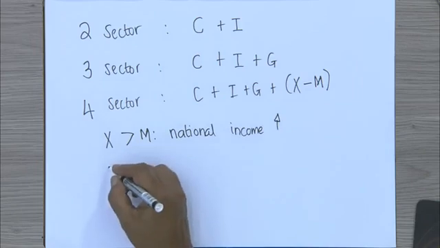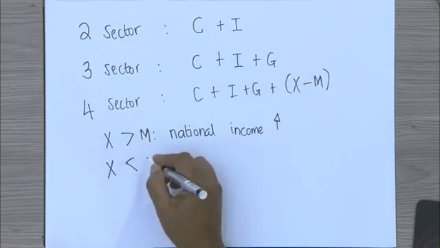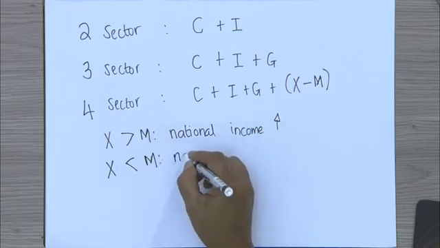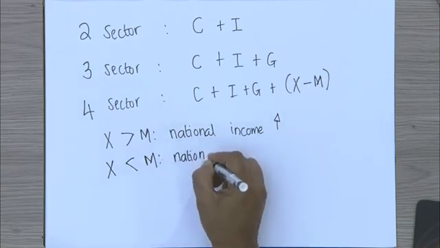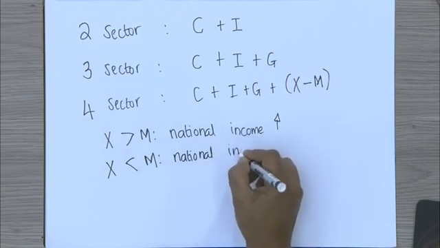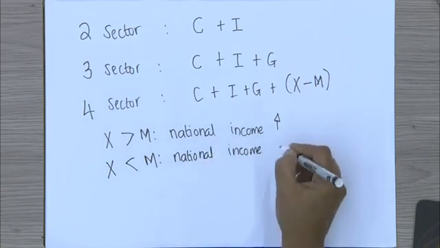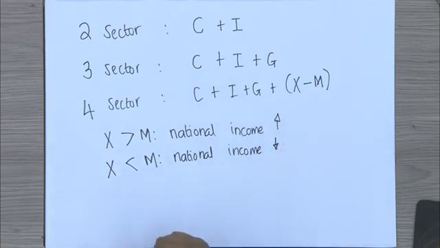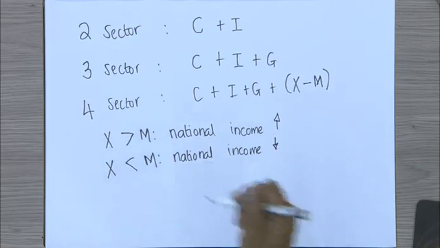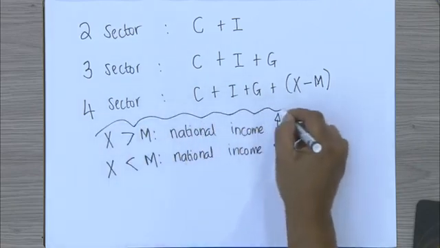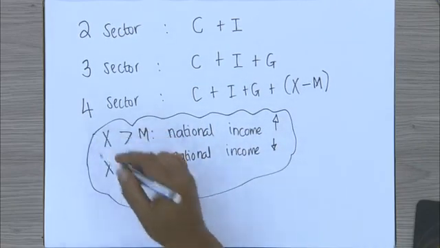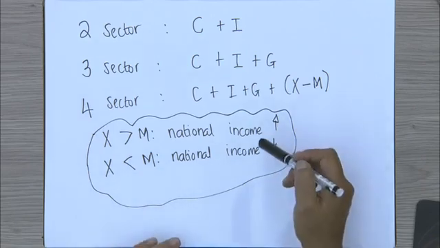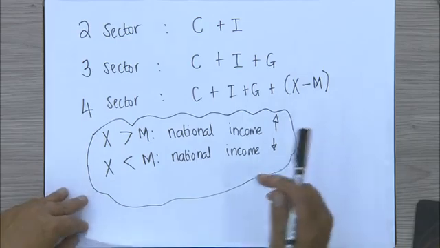But when our exports are less than our imports, the national income will decrease. This is the effect that we are looking at when we talk about a four-sector model, how it is going to eventually affect the national income of the economy.